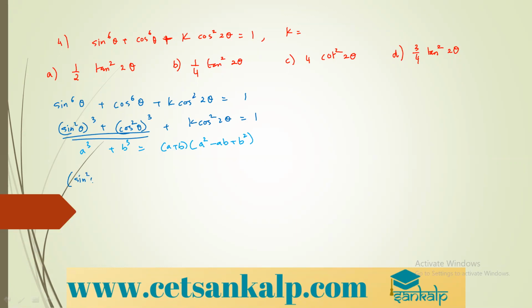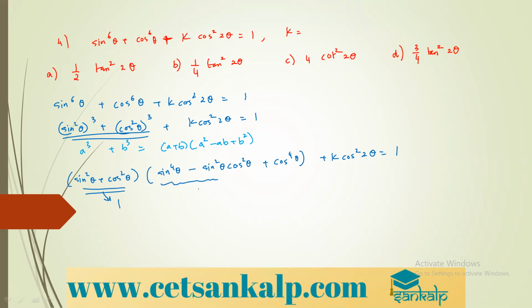So I will write a plus b into a square, that is sine power 4 theta, minus ab, that is sine square theta cos square theta, plus b square, that is cos power 4 theta. And then I will write k cos square 2 theta equal to 1. Because sine square theta plus cos square theta is 1, directly I can write the left of ones.